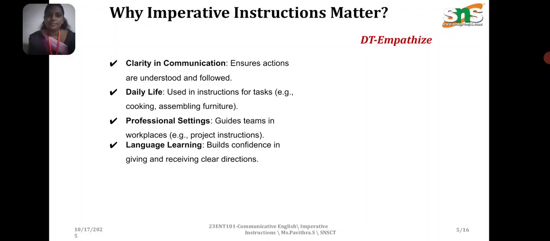In daily life, they are used in instructions for tasks, and for how we should behave in a particular place, for example in a library. These things can be given through instructions, right? They also matter in professional settings, in workplaces, and for learning language in a proper manner. So this is why imperative instructions matter.